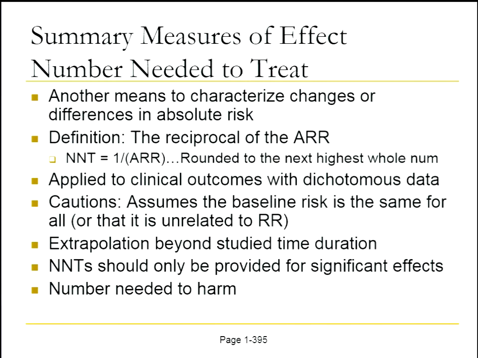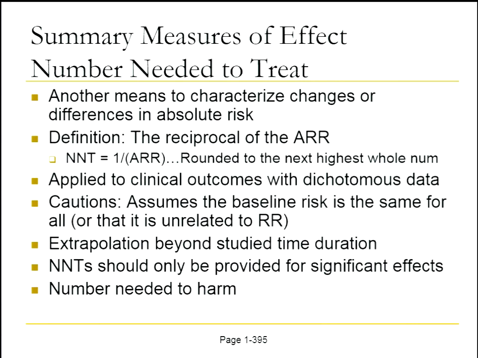So remember that the number needed to treat is the reciprocal of the absolute risk reduction. Shown here mathematically, then rounded to the next highest whole number. And this can be applied to clinical outcomes with dichotomous data.